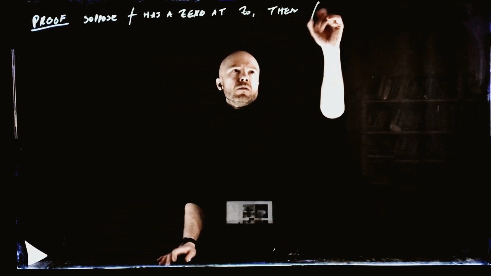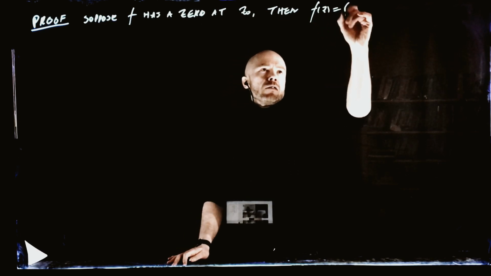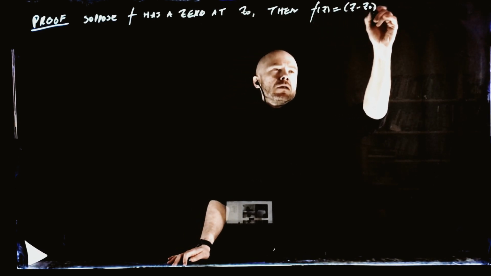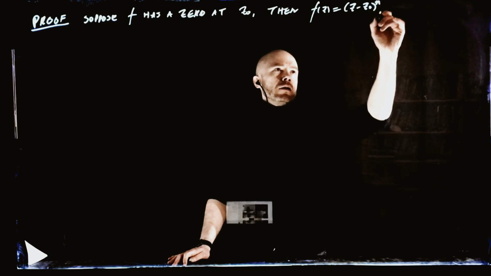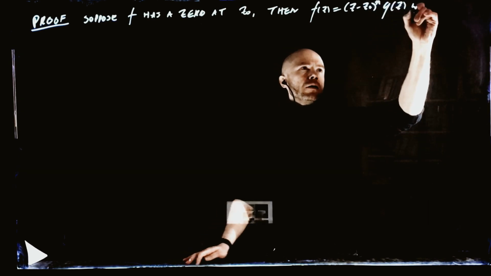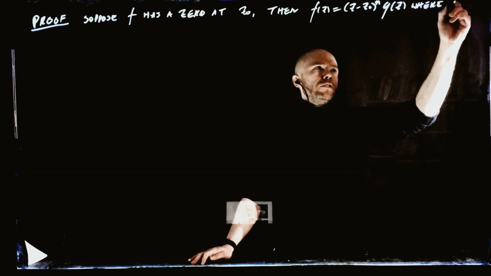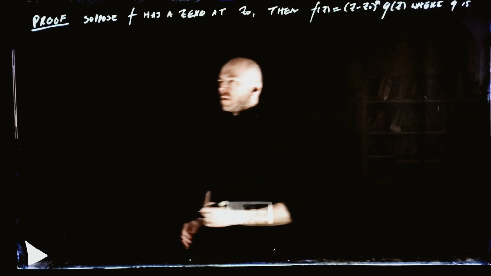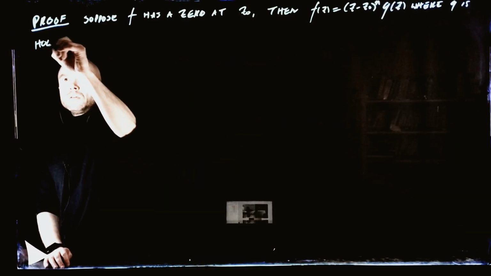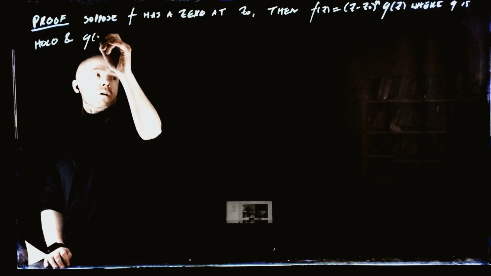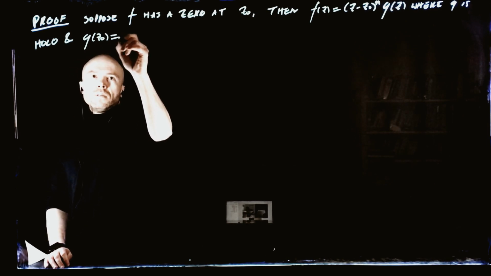Then, as we know well, f of z is locally representable like this: (z minus z0) to the n, g of z, where g is holomorphic, and g of z0 is not equal to 0.